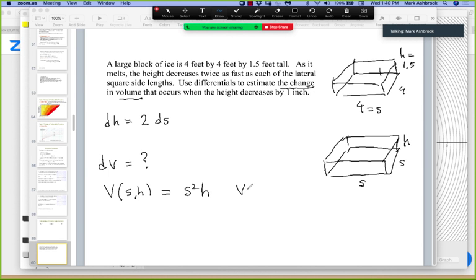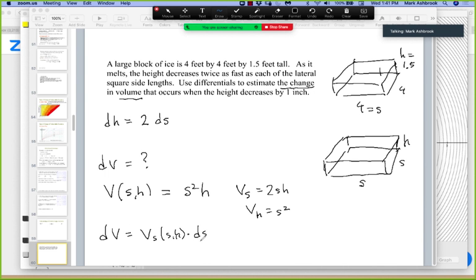And so our V sub s is equal to 2sh. V sub h is going to equal s squared. And so what's our dV then? dV will be V sub s times dS. So how do we get the change in volume? It's going to be based on what?